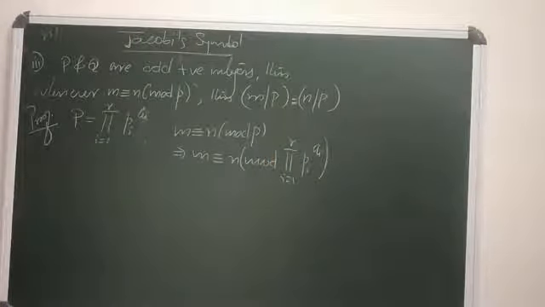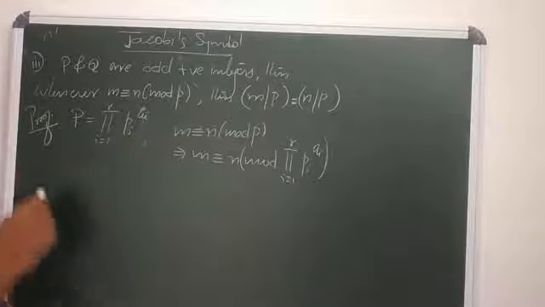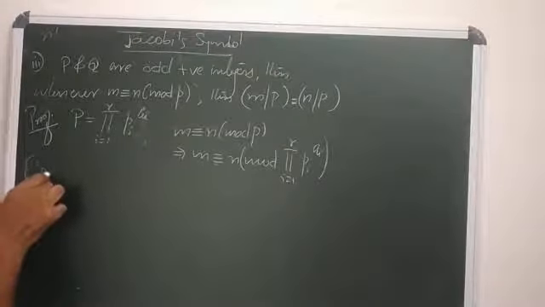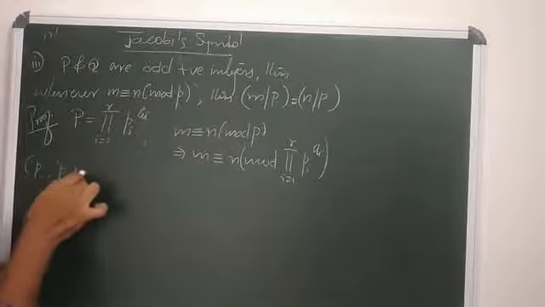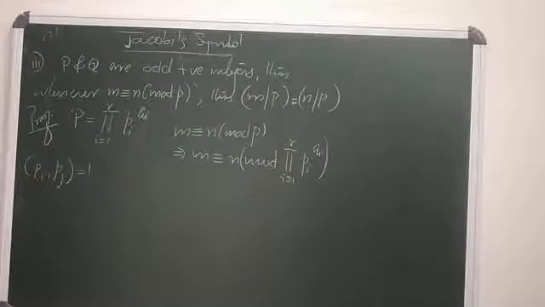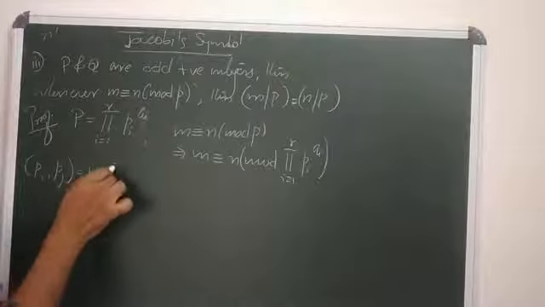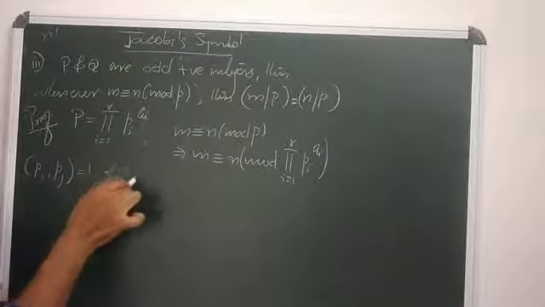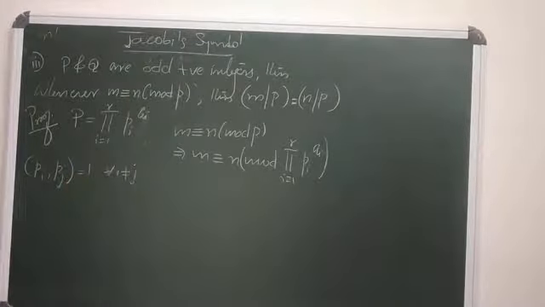This holds for all i. Now, what are p_i and p_j? They are prime numbers, so any two distinct primes are relatively prime, meaning they have GCD 1. So p_i and p_j are relatively prime to each other for all i different from j.